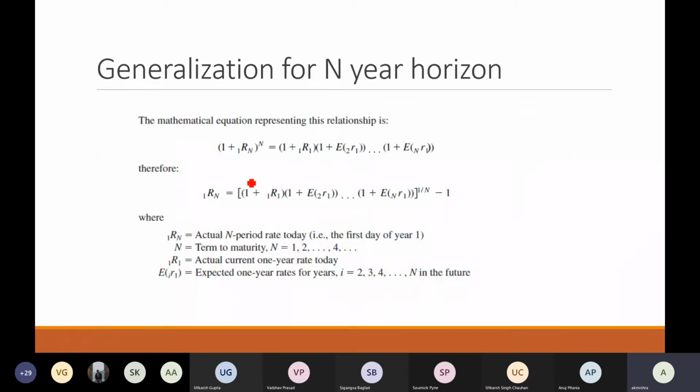Taking the previous example, the expected return for this, we should be indifferent between these.